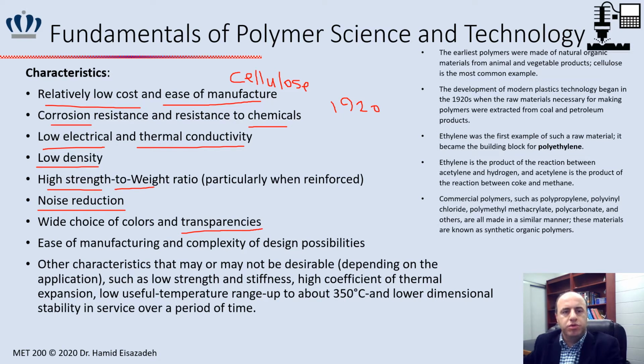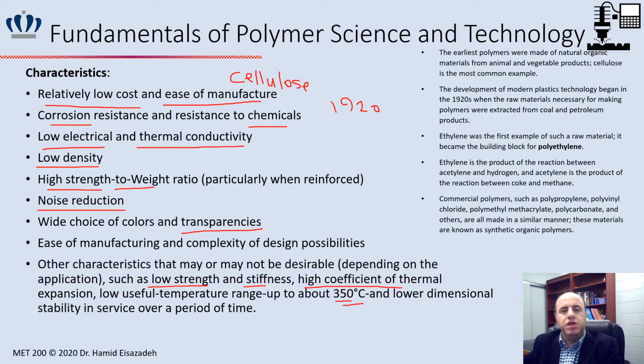There are other characteristics. For example, they have low strength and stiffness, which is not desirable. They also have a high thermal expansion coefficient, and their application is limited to temperatures up to 300 degrees Celsius.